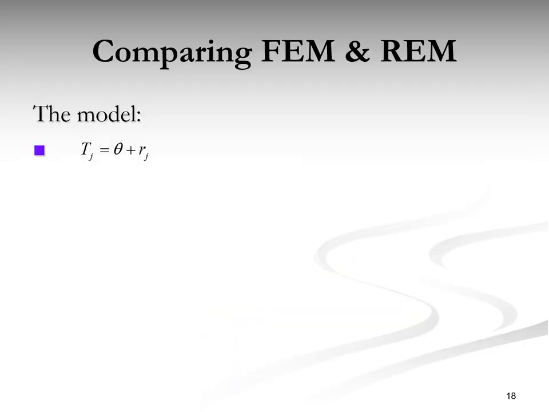Comparing the fixed effects model and the random effects model. So here you can see again the fixed effects model. The observed effect size is equal to a common population effect size plus random deviation due to the fact that within that study only a sample is taken.